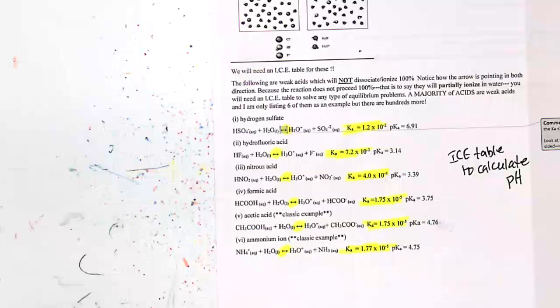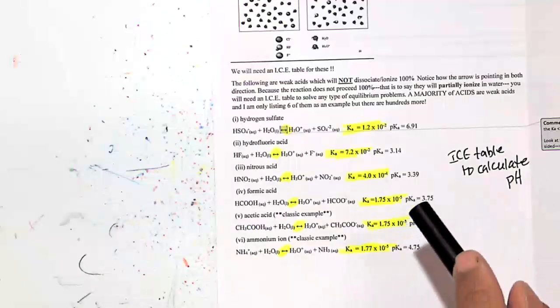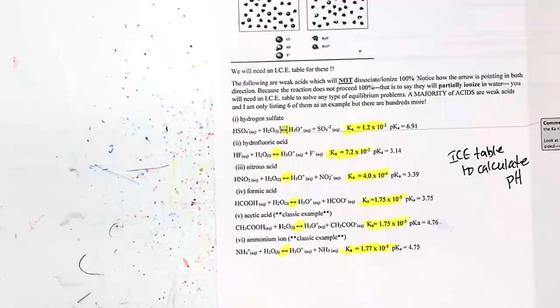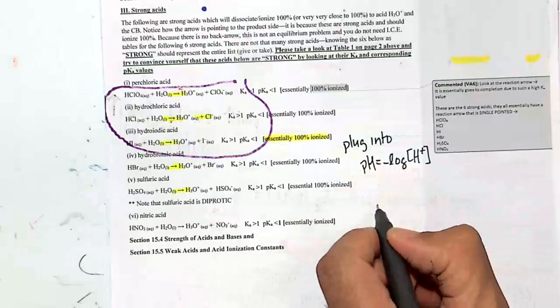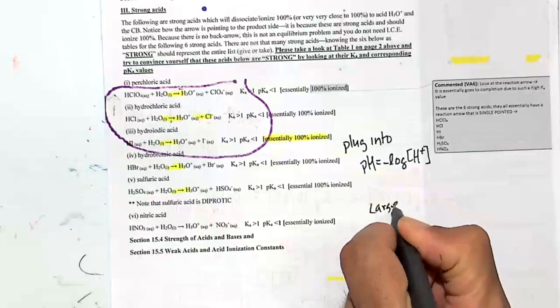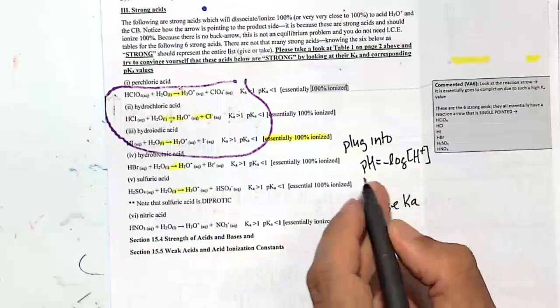What are the Ks for strong acids? They would be greater than 1, very large. So here we're looking at small Kas for the weak acids. What are we saying for the strong acids? Large Ka, or low pKa.